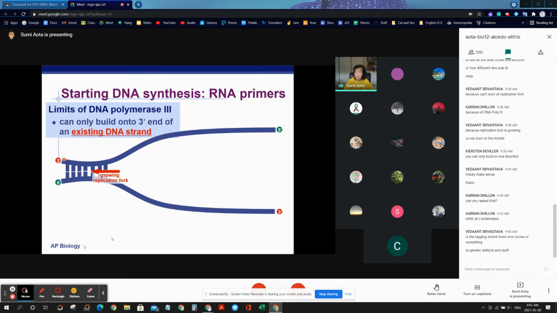So when you initially start, this is what the system looks like. There is no existing DNA strand. So we have to create something that DNA poly 3 can attach new nucleotides to.